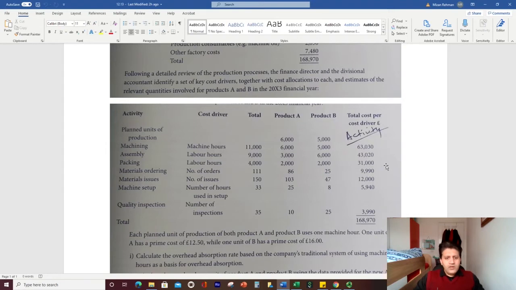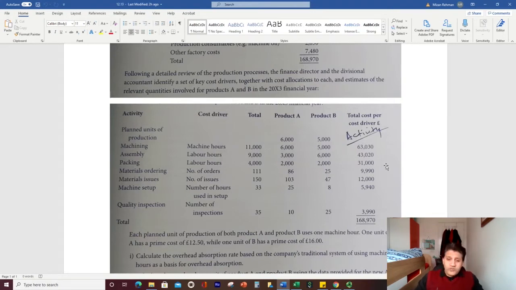Material ordering: there's always a procurement department in medium to big manufacturing businesses, and these are the people who are responsible for securing supplies, raw material, etc. So this is for the procurement department. 111 orders were made in total, 86 for A and 25 for B. We have material issues.